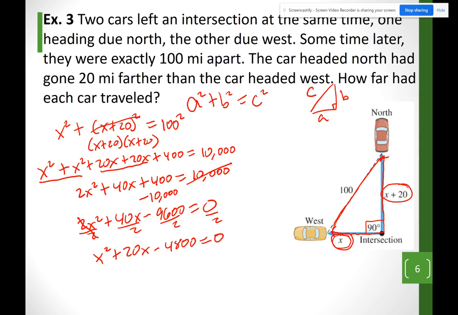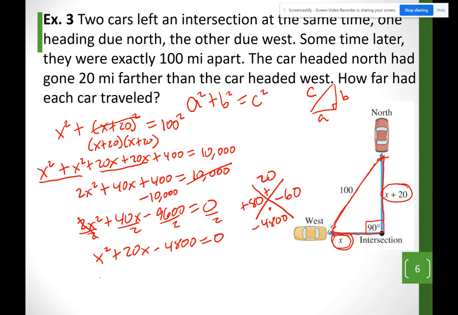Okay, we could do quadratic formula, we could do factoring, we could do anything we want. In this case, actually, let me factor it, just so we don't forget how to factor it. Thinking two numbers that multiplied equals negative 4,800. Multiplication is negative, so that means my signs are different. And then when I add my numbers, it's equal to 20. So two numbers that multiplied equals negative 4,800, but when I add them is equal to 20, I'm thinking of 80 and negative 60.